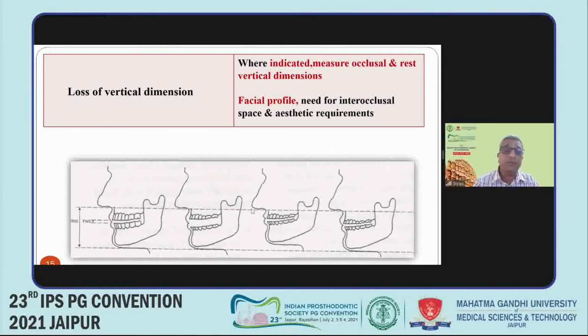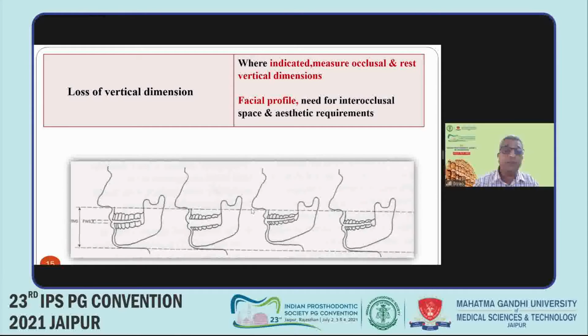You measure the rest position as well as the occlusal rest position, and also include the facial profile position to decide whether the vertical dimension needs to be regained, in order to improve the aesthetics of that individual along with the function.